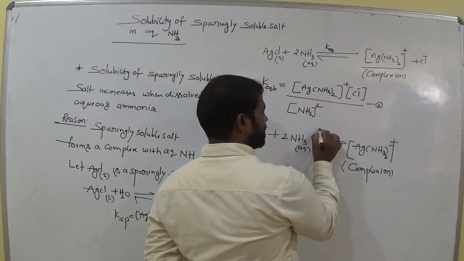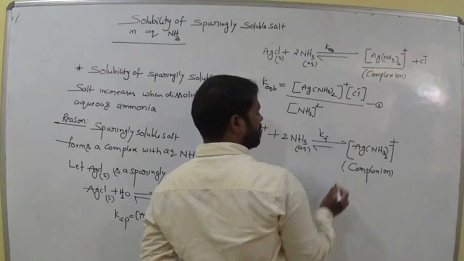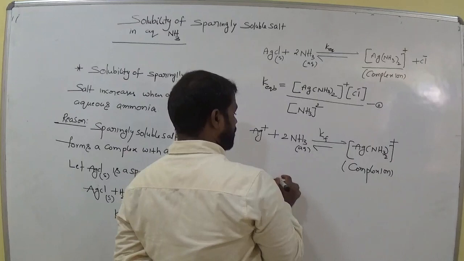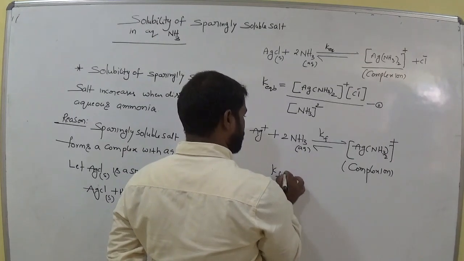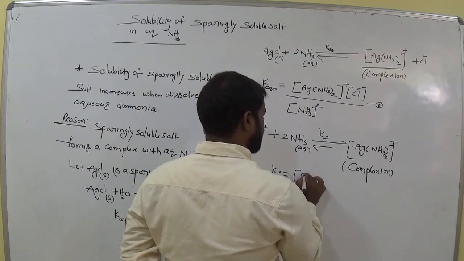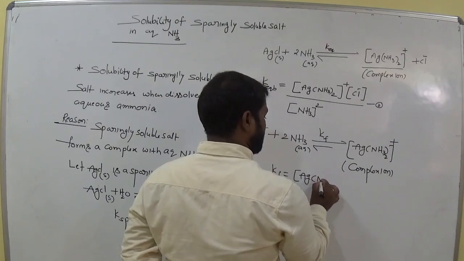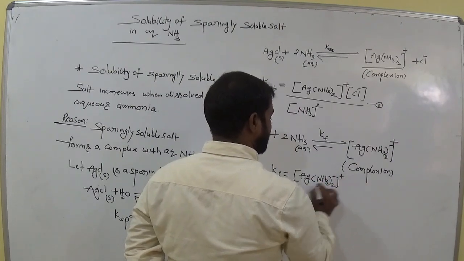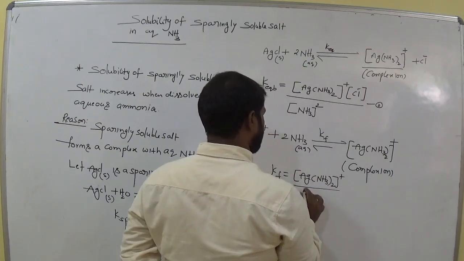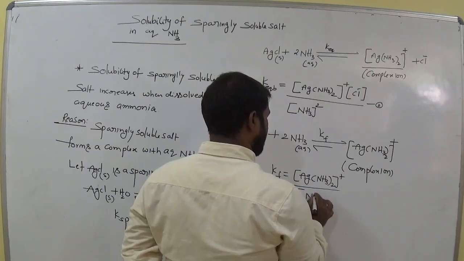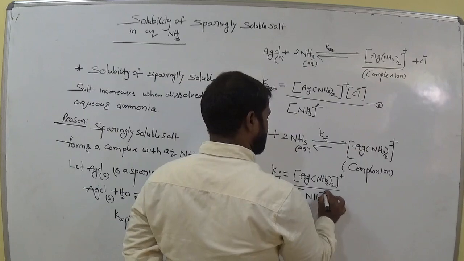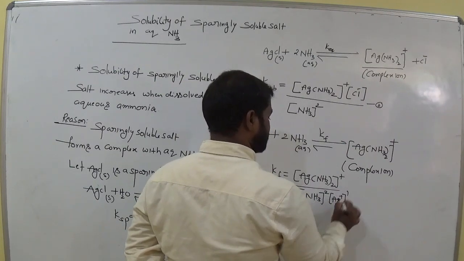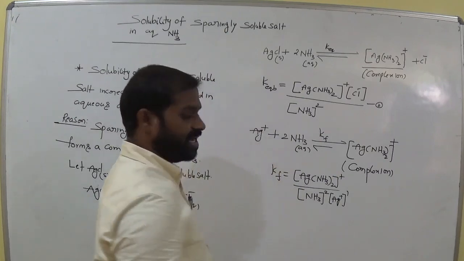So in complex ion formation the equilibrium constant is Kf. So Kf equals the molar concentration of Ag(NH3)2 plus divided by the molar concentration of NH3 squared and Ag plus. Okay, it is not a solid here, it is an ion.